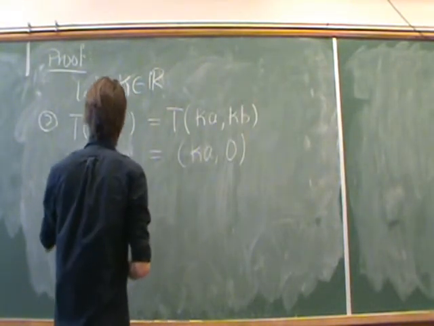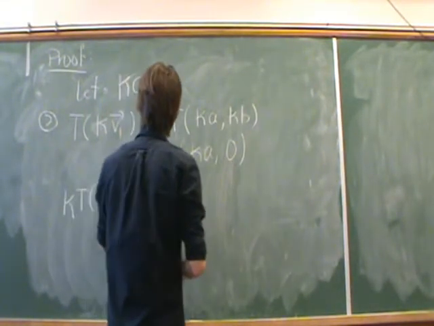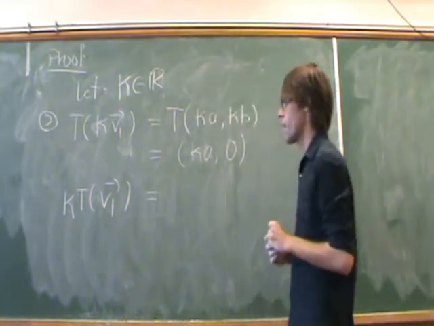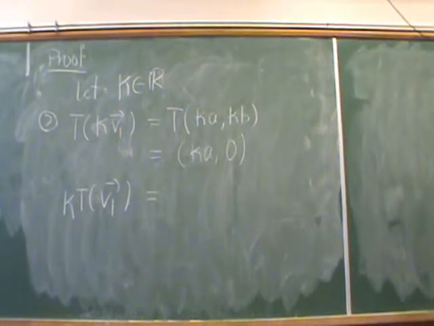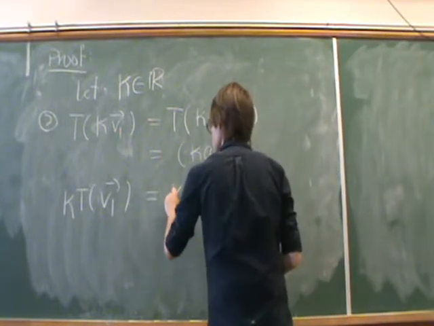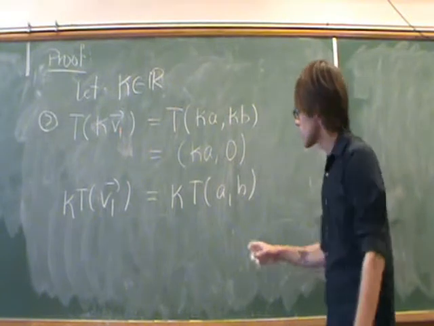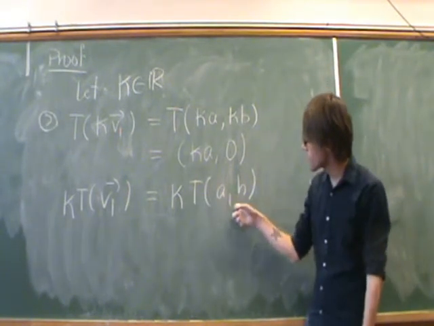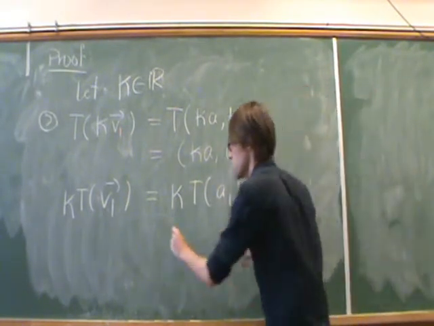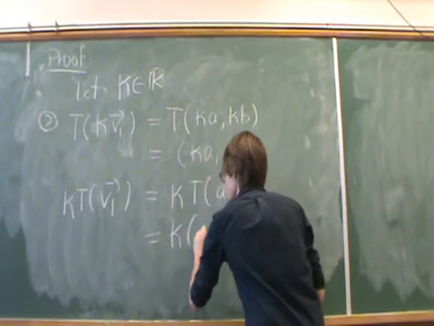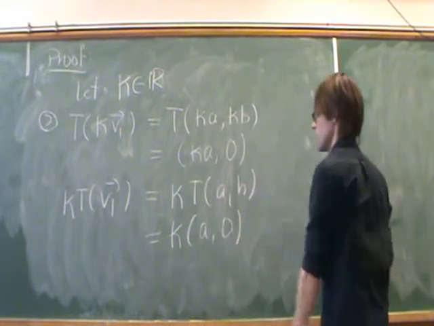And second, what we have to do is evaluate this expression, k times T of V1. This is the same thing as saying k times T of (a, b). So here now we can apply T to this vector first. We're going to lose that b component. So we're going to get k times (a, 0).